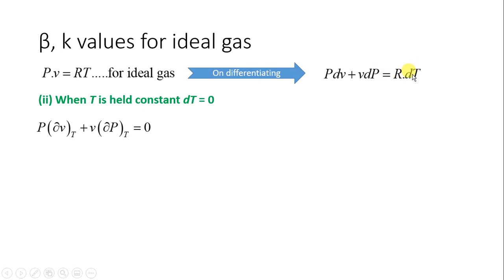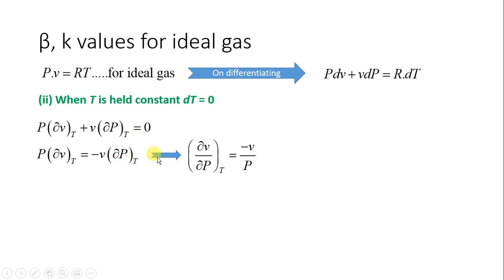Temperature is held constant. Now by rearranging the terms, take this v dou P at constant temperature on the right hand side. Now what you can write is dou v by dou P at constant temperature equal to minus v upon P. Now multiply on both the sides by minus 1 by v, LHS and RHS. So what you will get?